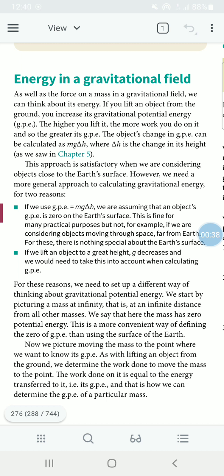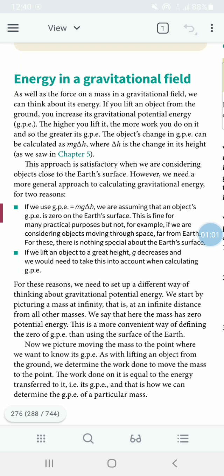If you lift an object from the ground, you increase its gravitational potential energy, GPE. Potential energy increases depending on the height from the source of the gravitational field. The higher you lift it, the more work you do on it, and the greater its GPE.